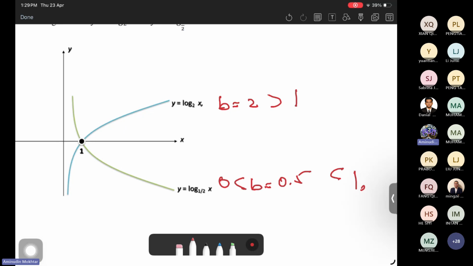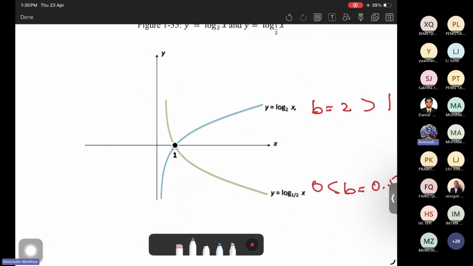As you can see here, when b is 2, the graph rises from the left to right, and when b is 0.5, the graph falls from the left to right.